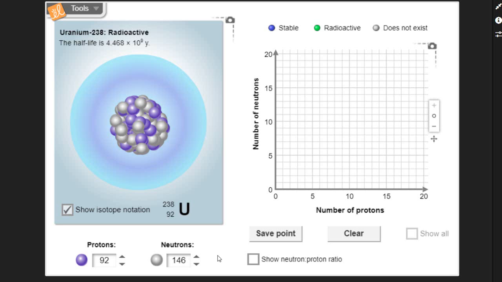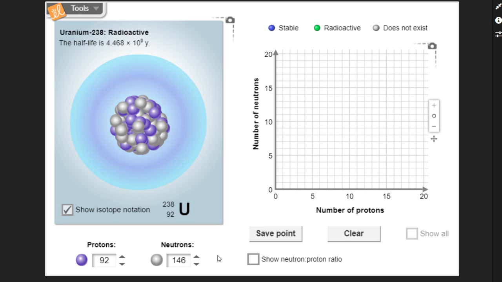No, because I said from 84 on. That's in your notes that you already copied. 84 on is radioactive. 92 on is synthetic. What's that mean? Man-made. It doesn't occur naturally.